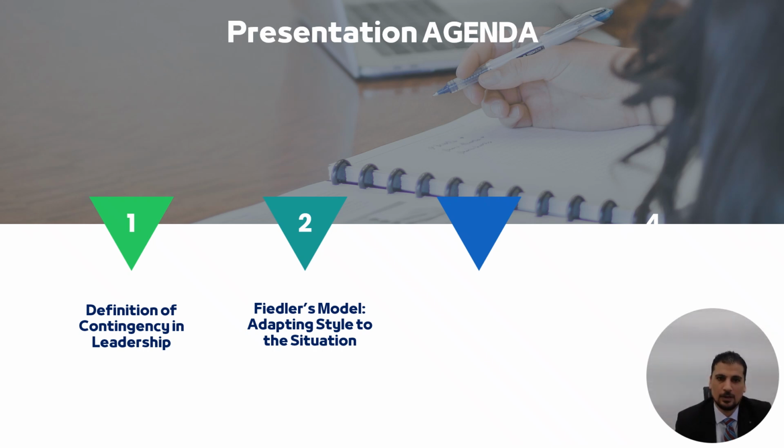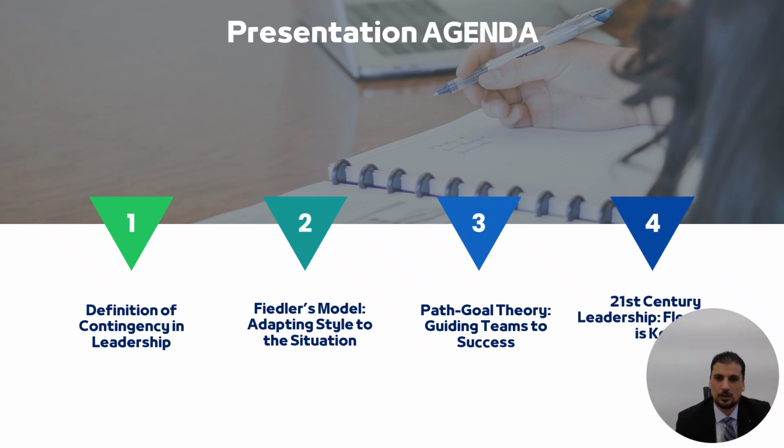And after that, we will explore the path-goal theory and how leaders guide their teams by removing obstacles and choosing the right leadership style. And finally, we will, inshallah, connect all of this to 21st century leadership and why flexibility is no longer optional, but essential now.